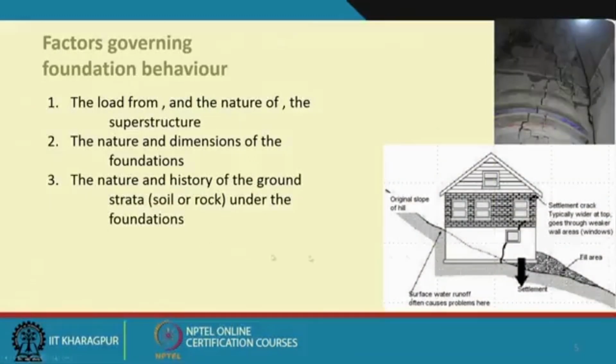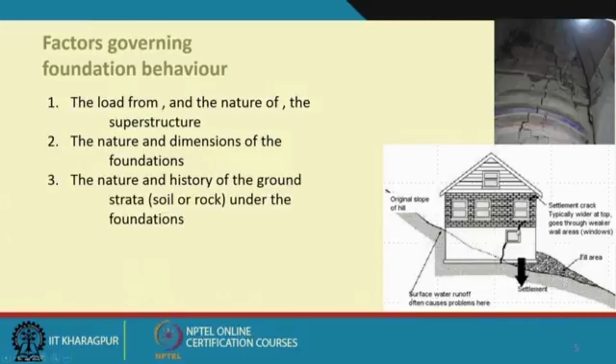In this case, as you can see, this is the original hill slope, and the settlement crack is typically wider at the top. This is also one of the thumb rules. You see that this is a filled-up area, and there is a difference between this soil and that soil, the filled-up area, and that is causing a problem.